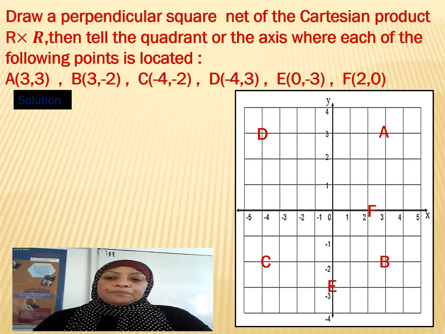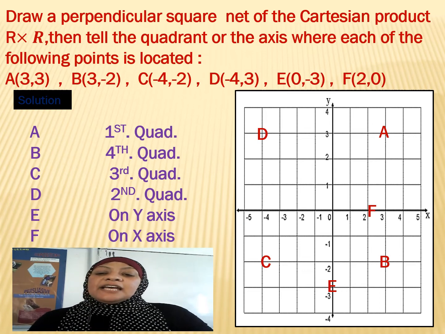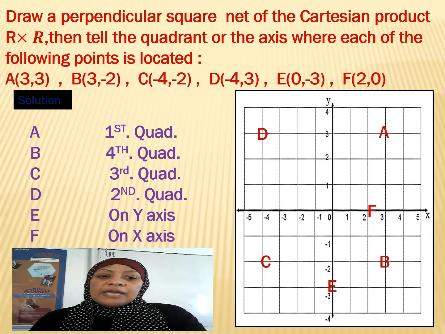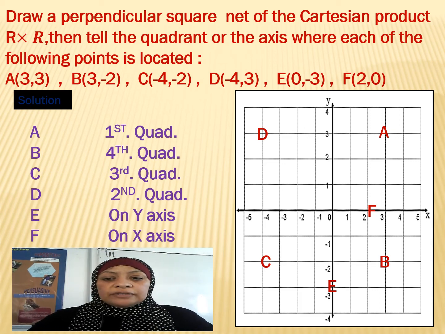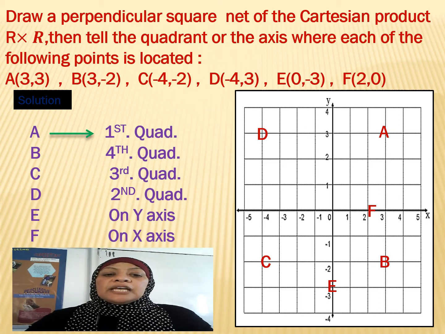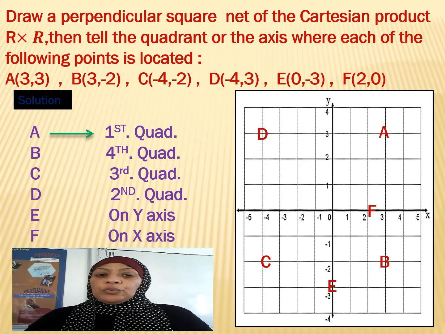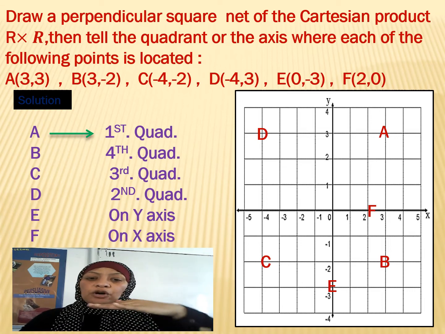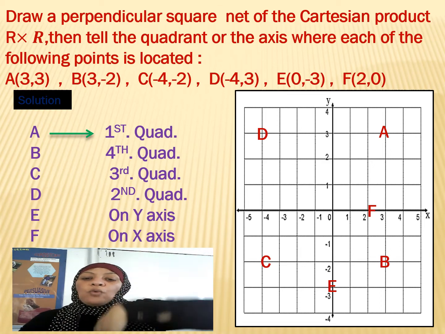Look at the ordered pair of A, (3, 3). It has two positive projections, so A is in the first quadrant. What about B? Look at the ordered pair (3, negative 2). It means 3 on the x-axis in the positive direction, negative 2 on y.